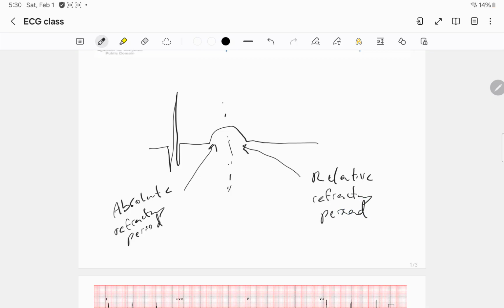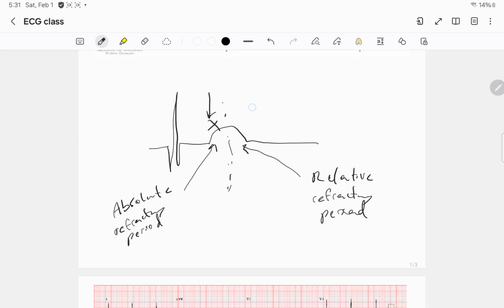So if an abnormal impulse occurs here during the absolute refractory period, the ventricles are in a state in which they can no longer conduct an impulse, right? So if we get an abnormal impulse occurring right here, then it is unlikely to cause a tachycardia. In fact, it just won't conduct at all.